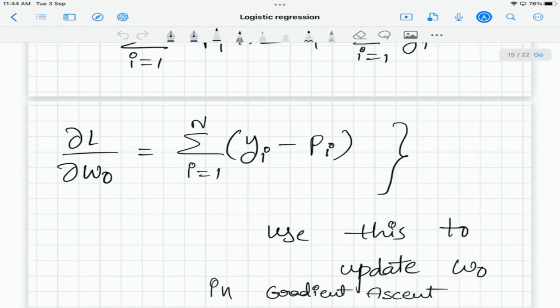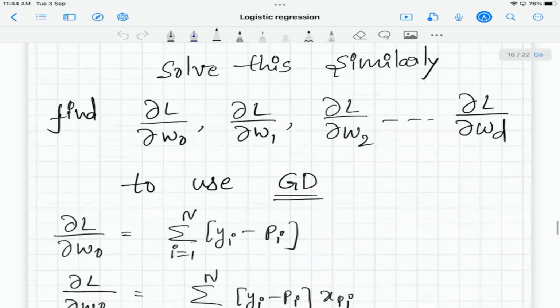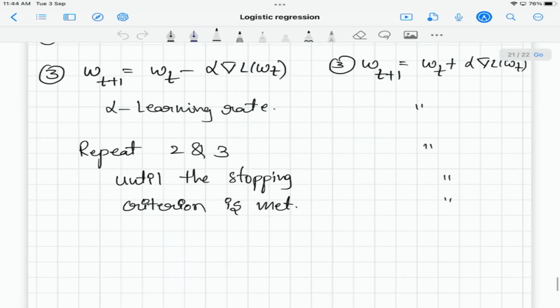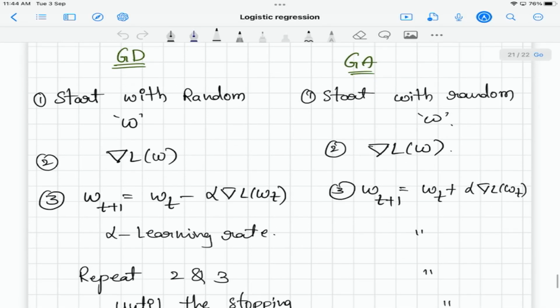So these two derivatives if you have, you can use your simple gradient ascent, no? Because I am trying to derive it for positive one. If you try to derive it for negative one, just use gradient descent and then you can learn your logistic regression, for a simple one-dimensional data and for a simple binary classification.